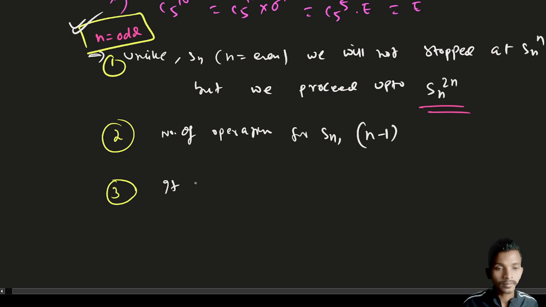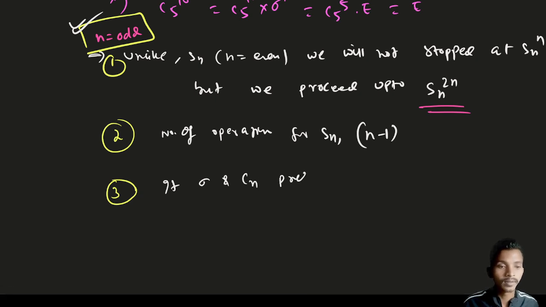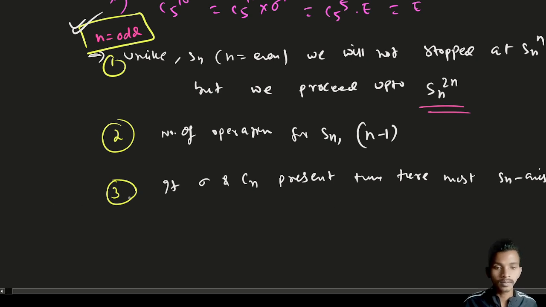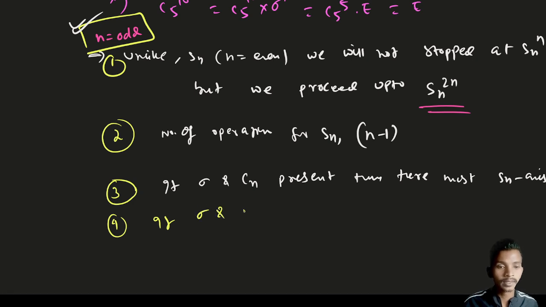If sigma and Cn are present, then there must be Sn axis present. Okay, this is one point. Another point what we write here is that if sigma and Sn are both absent, then sigma n must be absent.